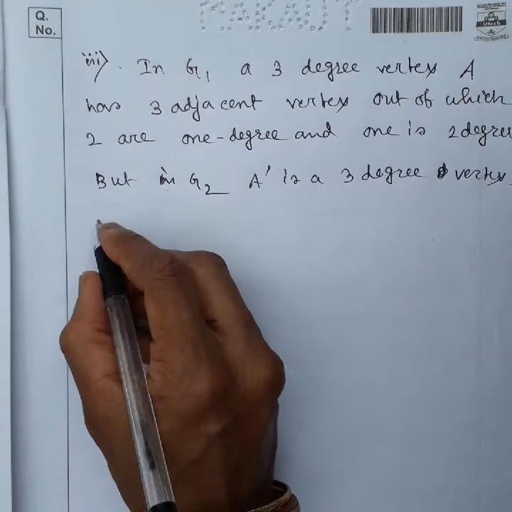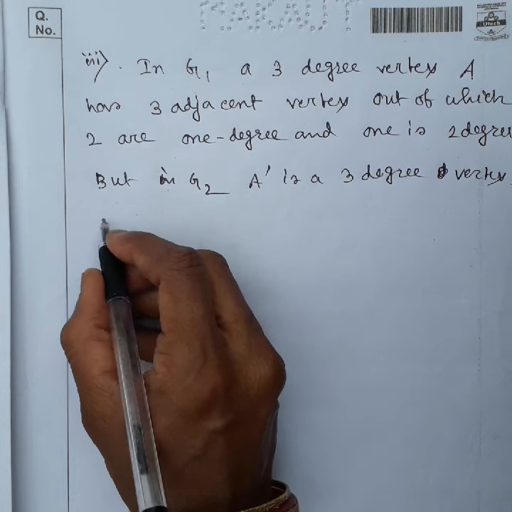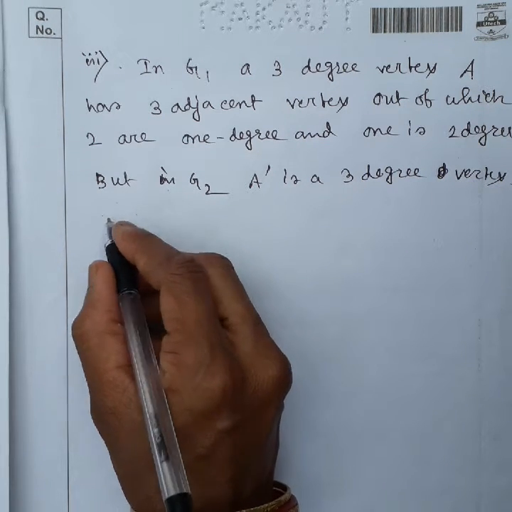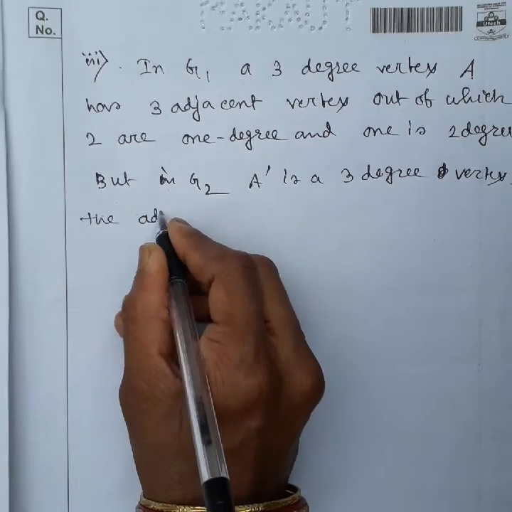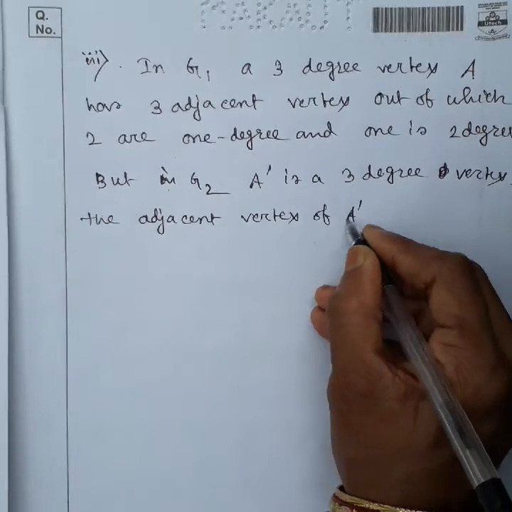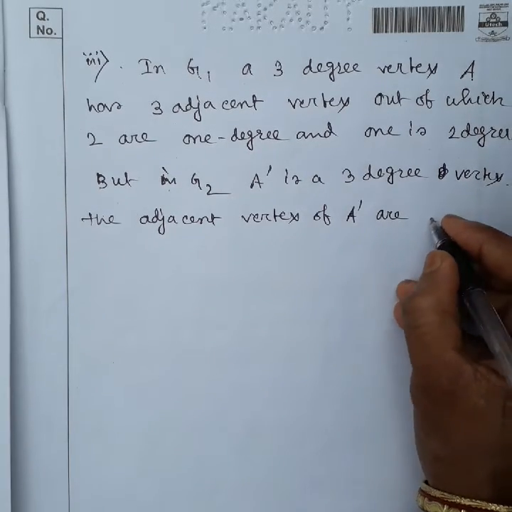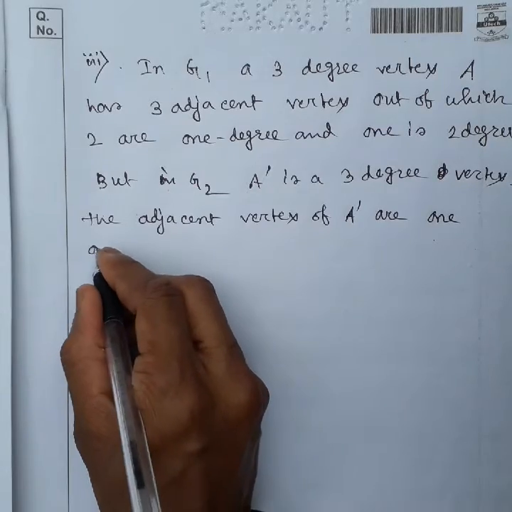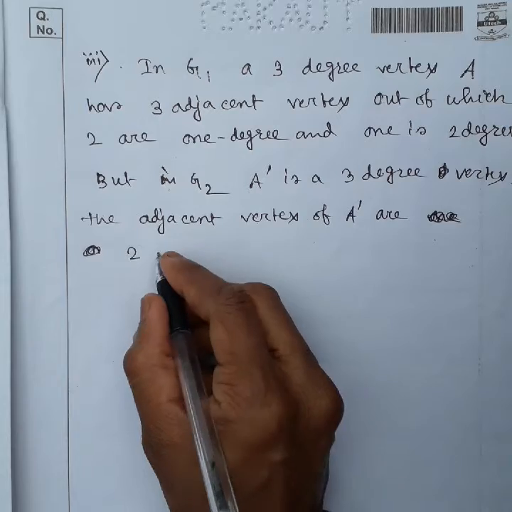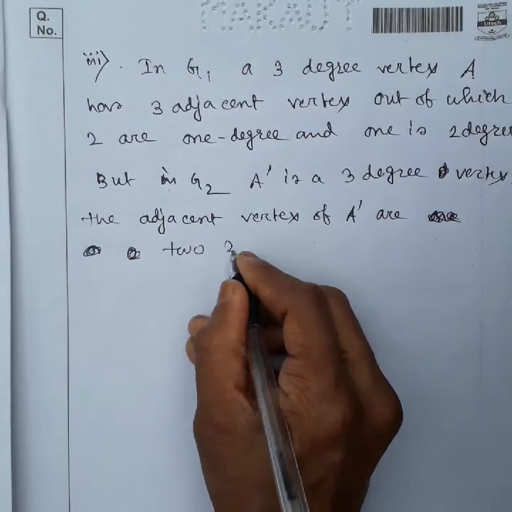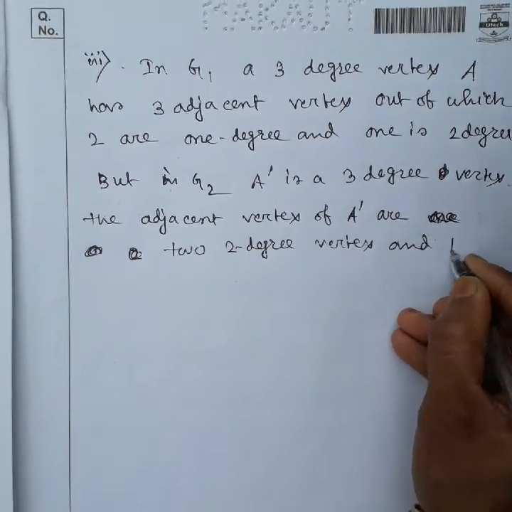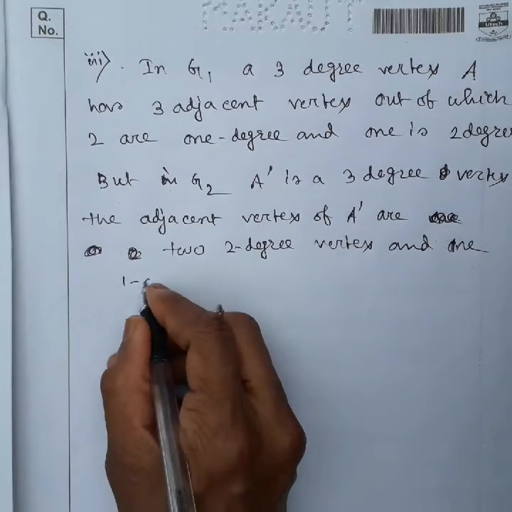Okay, and here the adjacent vertices of A dashed are two 2-degree vertices and one 1-degree vertex.